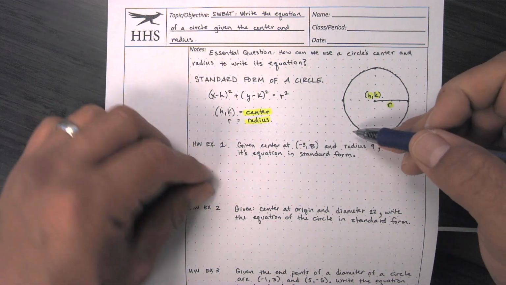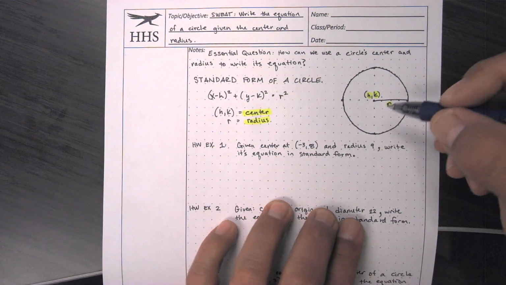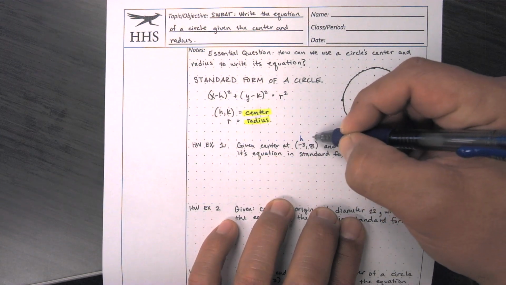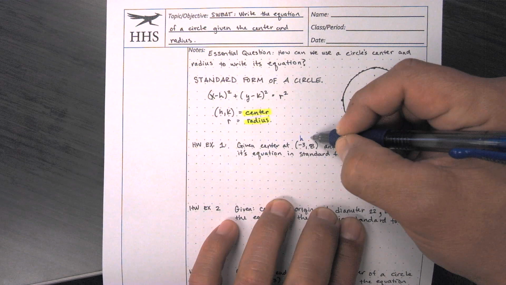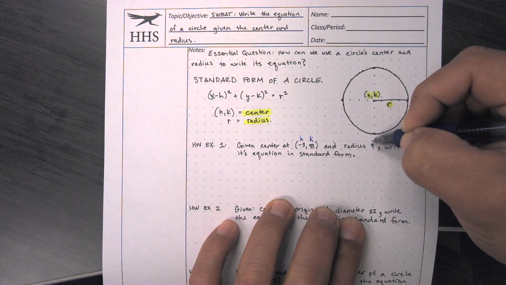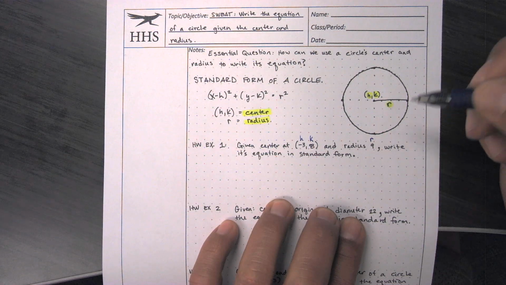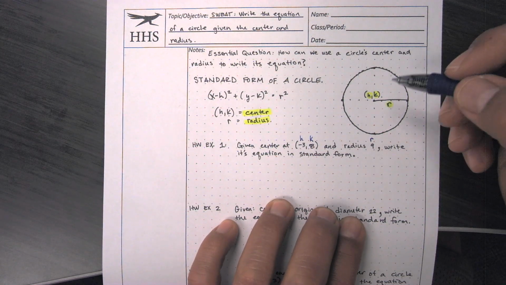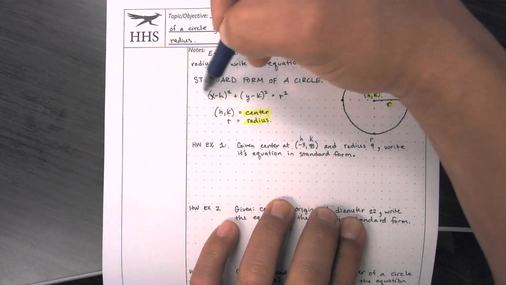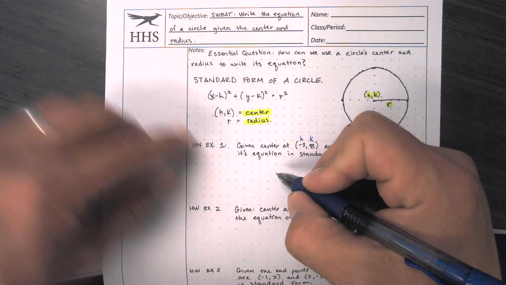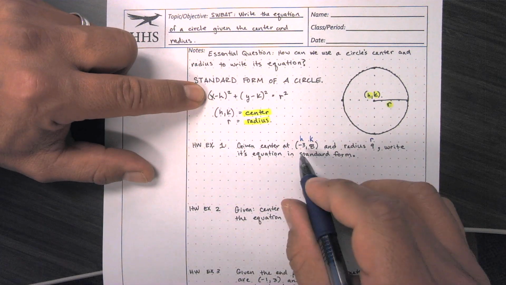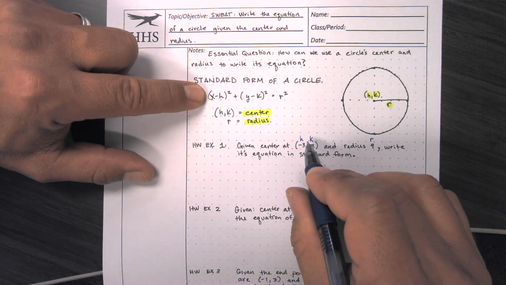Whenever we come across this problem, we just have to remember that the x coordinate of the center is h, the y coordinate is k, and the radius is 9. Then we're just going to substitute into the equation. So I'm just going to rewrite the standard form equation up here, but substitute the h, k, and r.